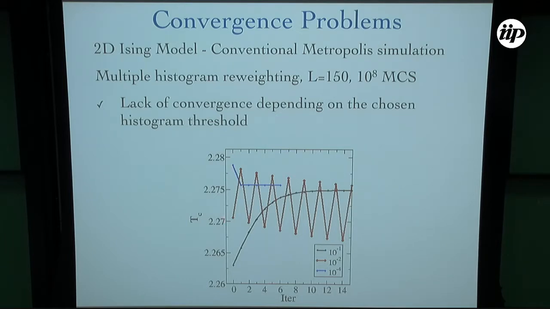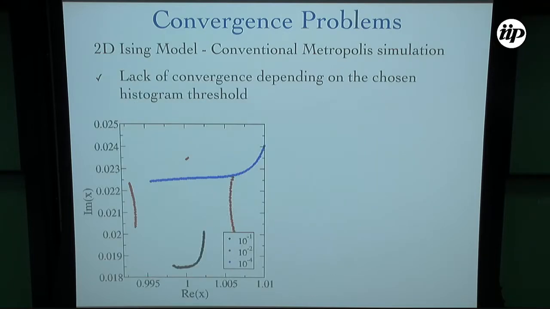So this lack of convergence, we don't know exactly where this came from. I mean, this is the same data set, the same histogram that was used to get to this result. Okay, so we're trying to understand this a little better.